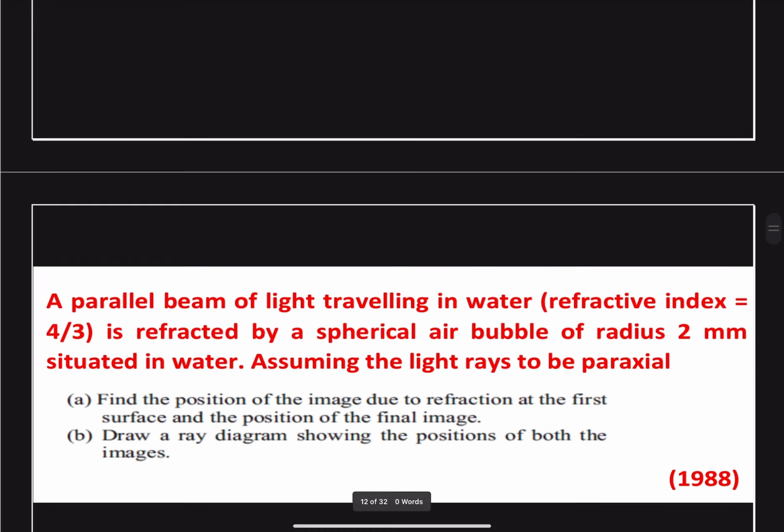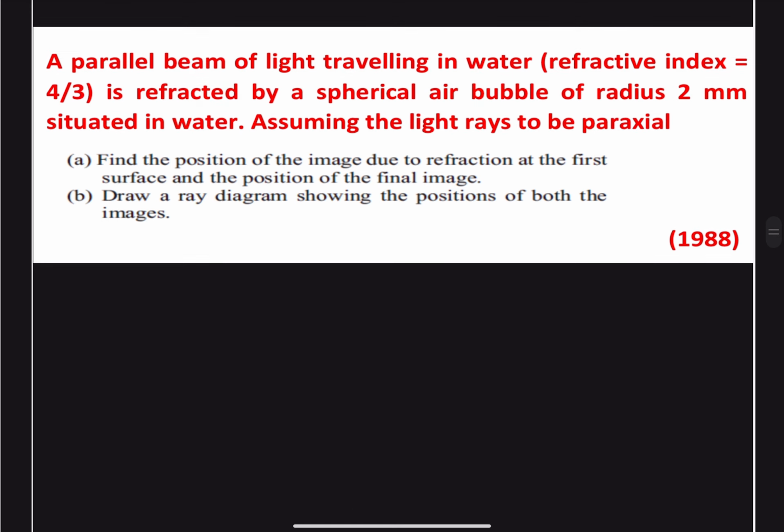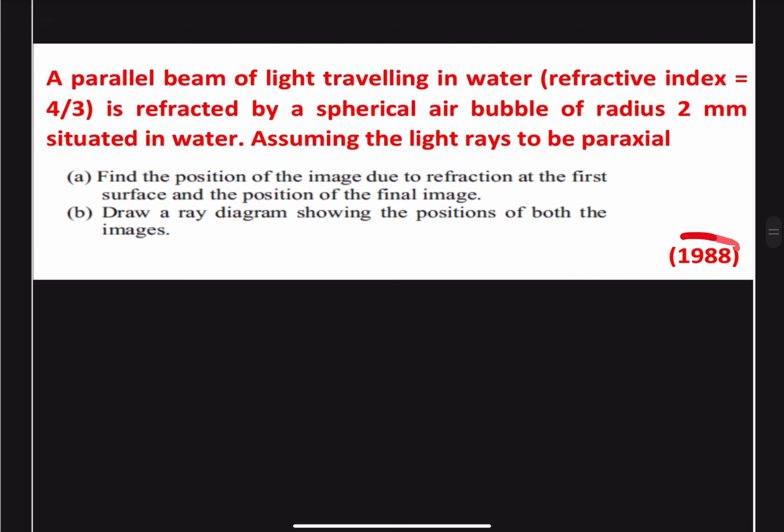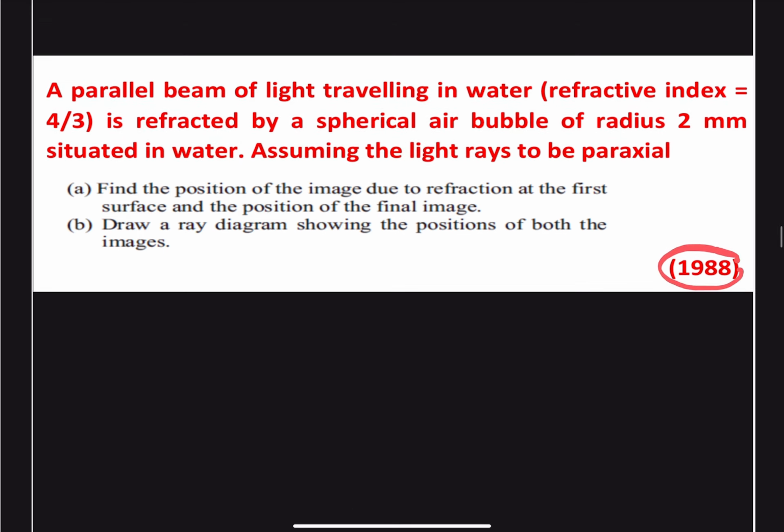We come to the next question, and here it was asked in the year 1988, and it states that a parallel beam of light traveling in water, refractive index 4/3, is refracted by a spherical air bubble of radius 2 mm situated in water.